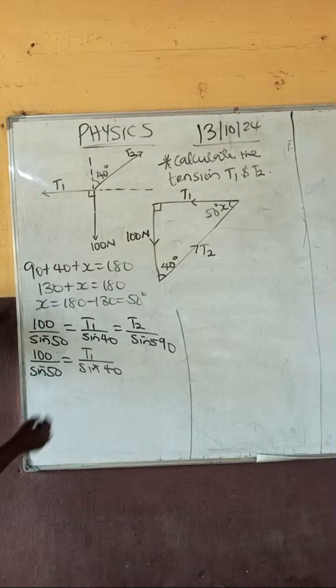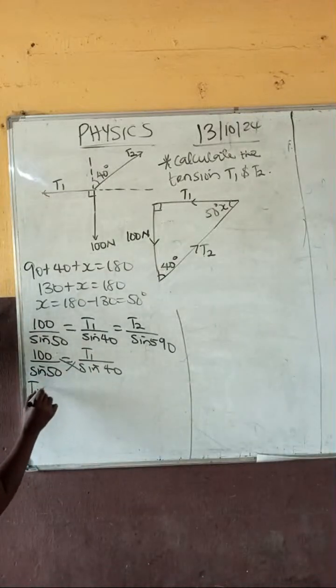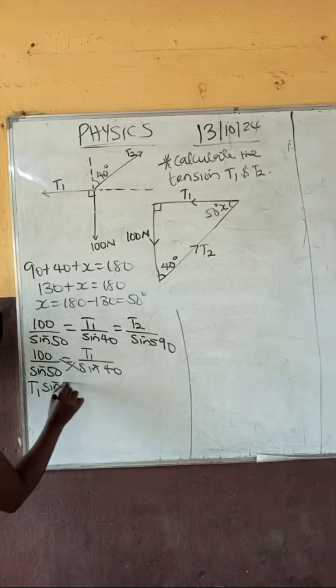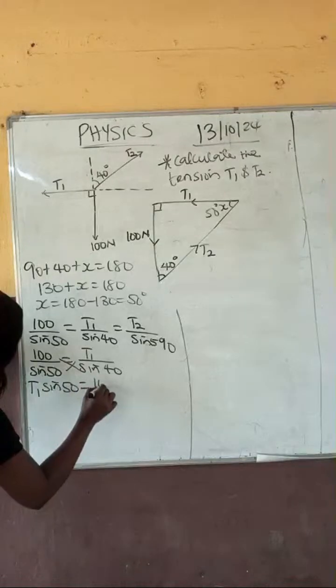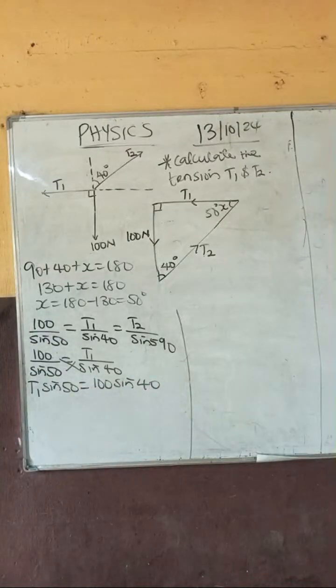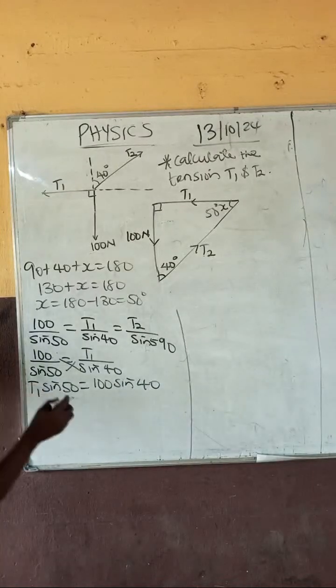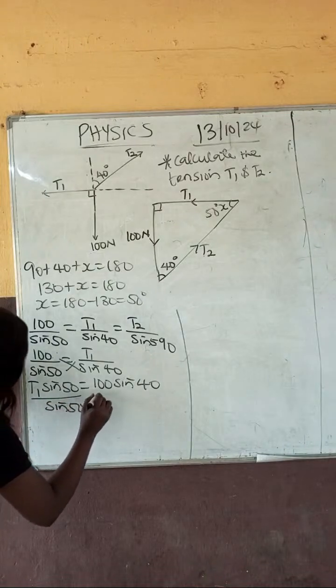Now, you are going to say cross multiply. T1 sine 50 is equal to 100 sine 40. What you are doing is to divide both sides by sine 50.